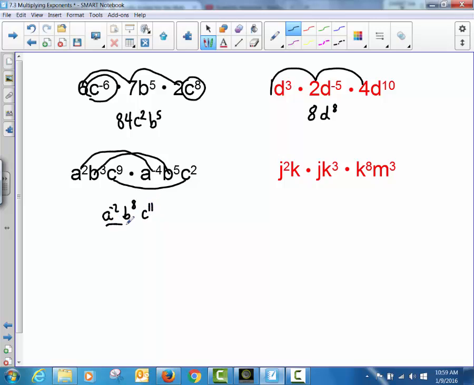And so what we're going to do now is take this a to the negative 2nd and move it to the bottom so that it'll be positive. So this will be b to the 8th, c to the 11th, over a to the 2nd. Alright, you try this one, so pause the video. When you're finished, come back and let's see what you did.